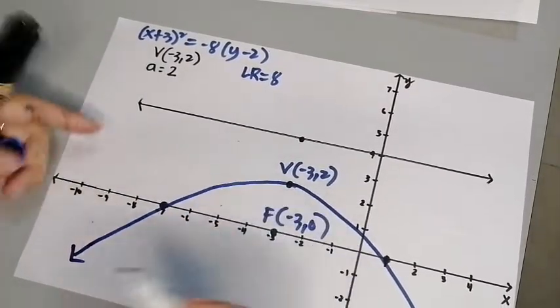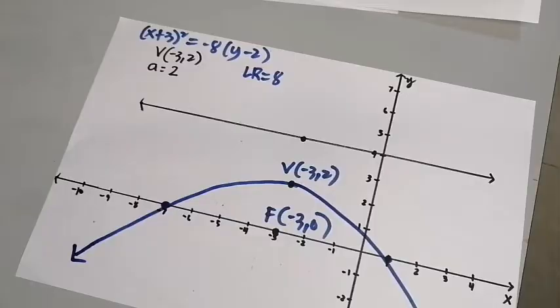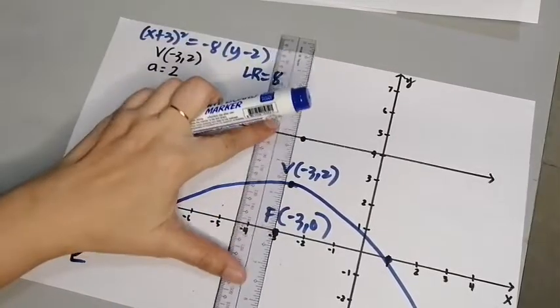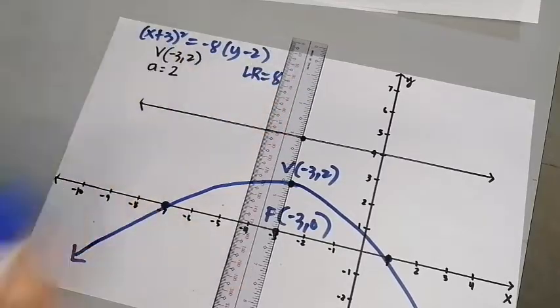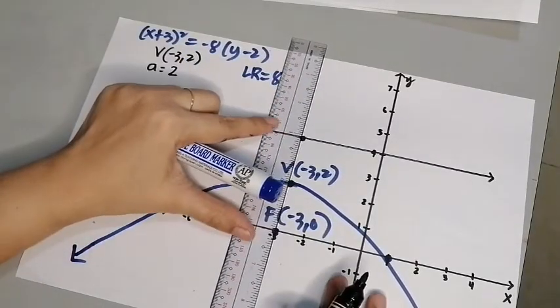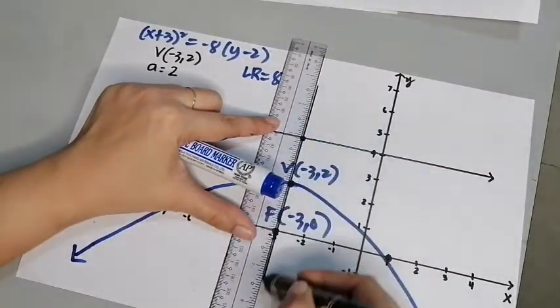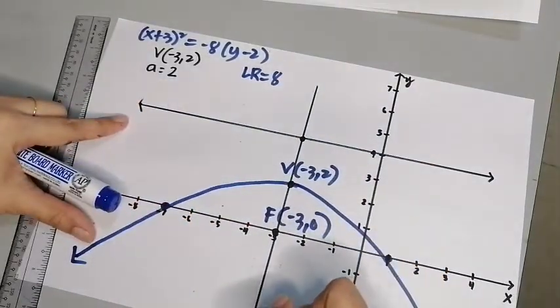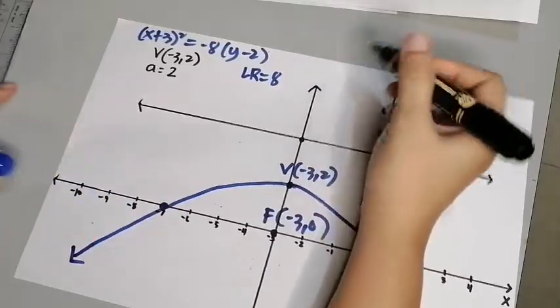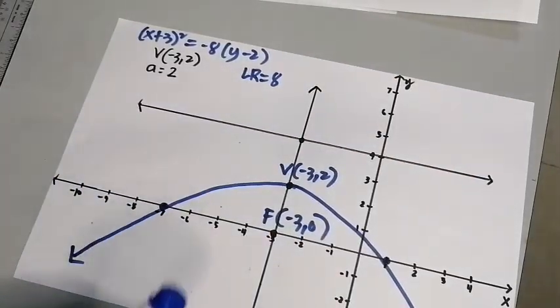Okay, so we still have to draw our axis. Let's determine the equation of the axis.